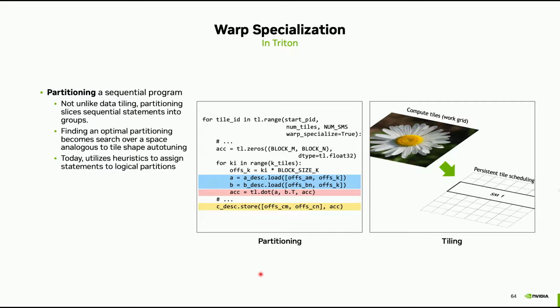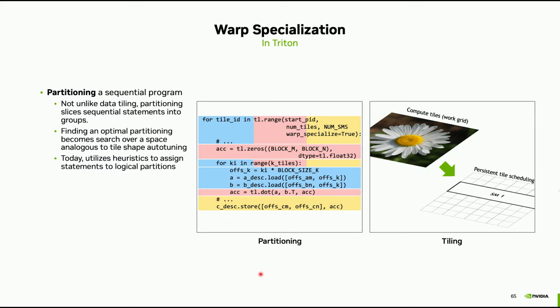The search over the possible partitionings is like auto-tuning over a tiling space. It's not dissimilar from that. And once you've done your initial assignments, either automatically through heuristics or manually through programmatic hints or other implementations, you then propagate those assignments out.